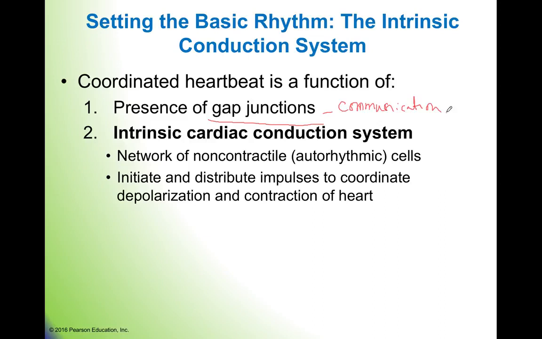Now, this pathway of non-contractile cells that are spread throughout the heart creates a system called the intrinsic cardiac conduction system, or simply intrinsic conduction system, which is a network of your non-contractile cells that allows the electrical impulses that are created to be spread out throughout the heart, and that eventually leads to depolarization of the whole heart and eventual muscle contraction.